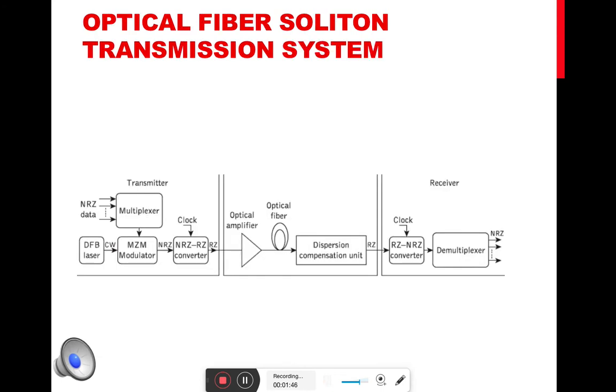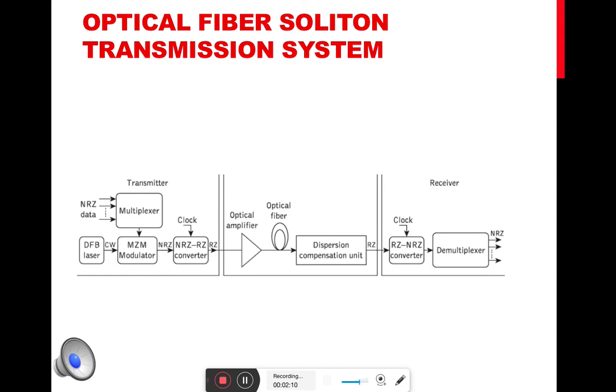Now this is the block diagram for an optical fiber soliton transmission. Like any communication system, it has three parts: the transmitter, the channel, and the receiver. In the transmitter part, the data signal in the non-return to zero format is given to the multiplexer.